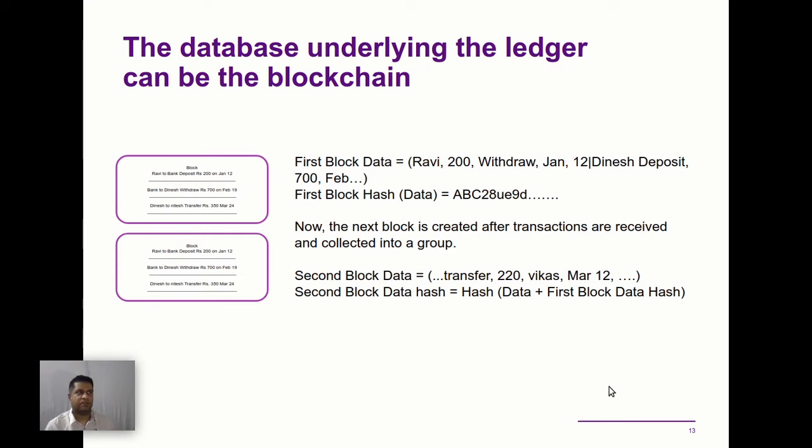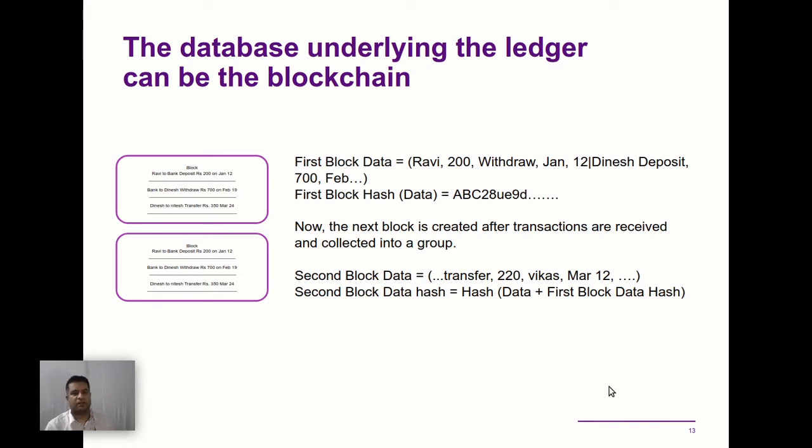A ledger is essentially a set of entries or a set of transactions that are recorded that represent someone's financial activity. And that's essentially what we will do when we try to translate the ledger or the database that we've been looking at from a banking perspective till now to the new blockchain type of ledger.